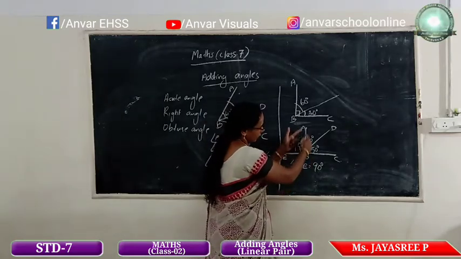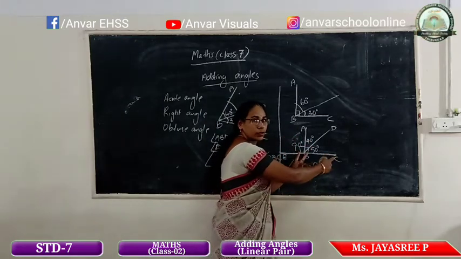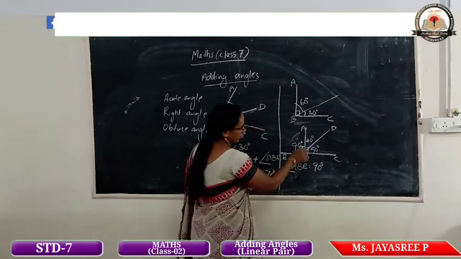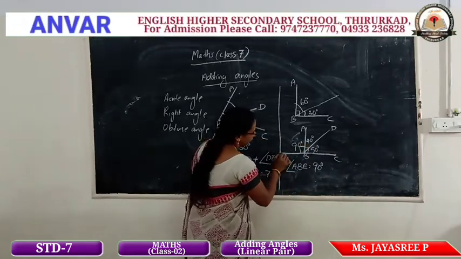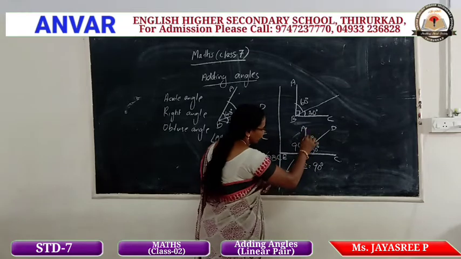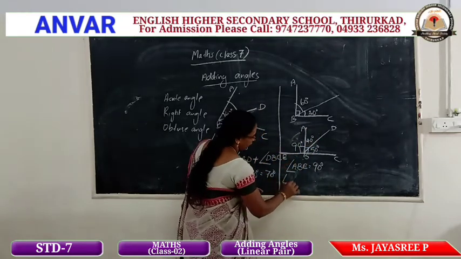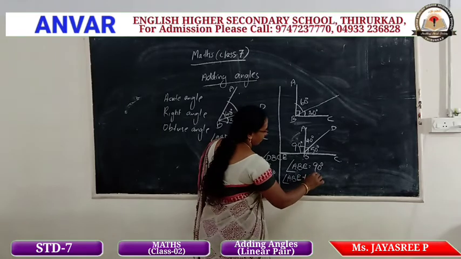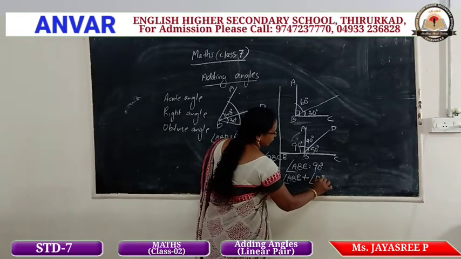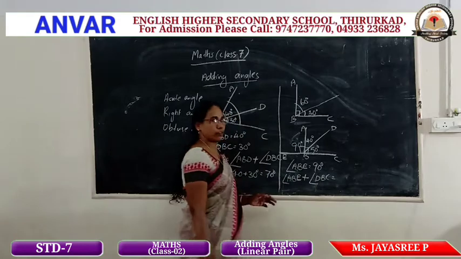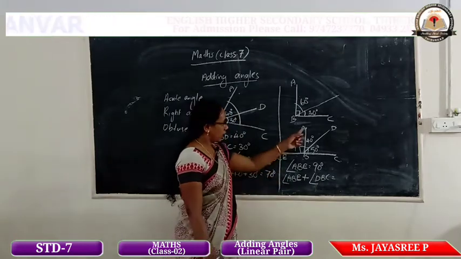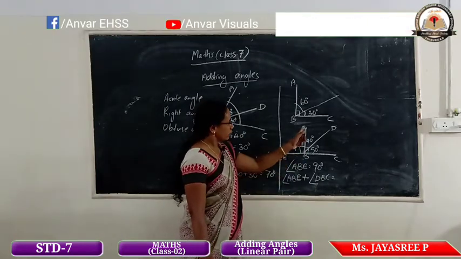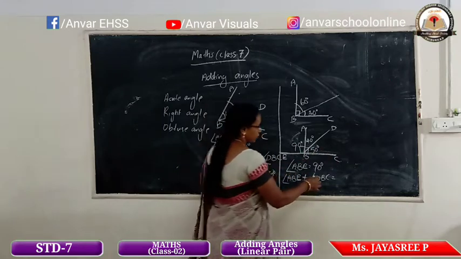Already we know that angle ABC is equal to 90 degree. So we can write what is the sum of these two angles, angle ABE plus angle ABC.